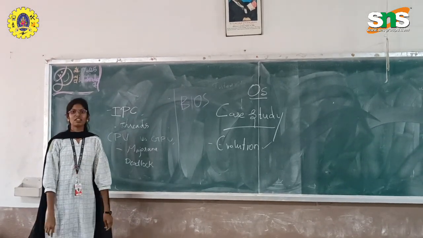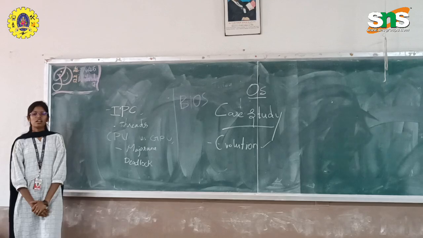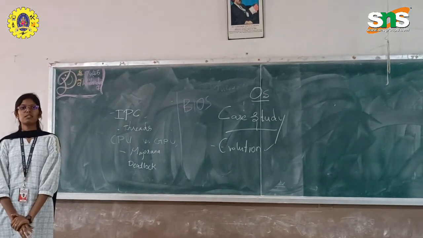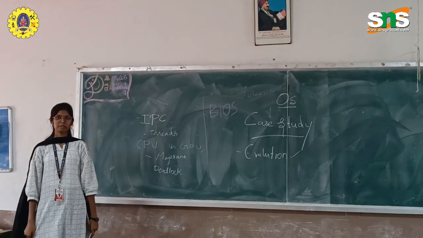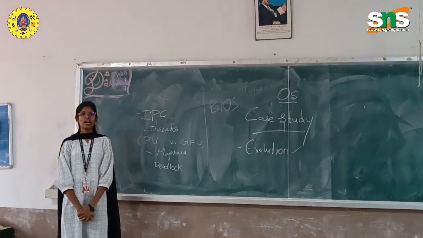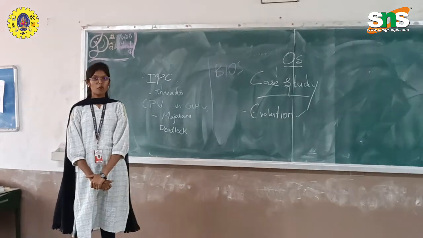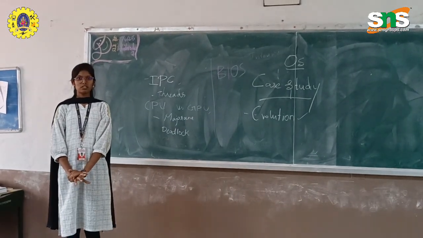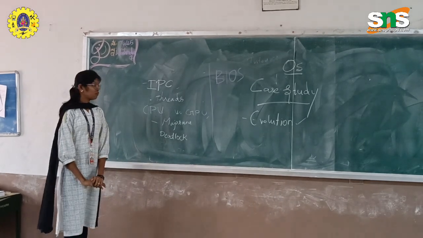Myself Rita. I'm going to talk about the topic deadlock. Deadlock is when two or more processes are waiting for resources to be released, but none of them ever do. Let us see an example.